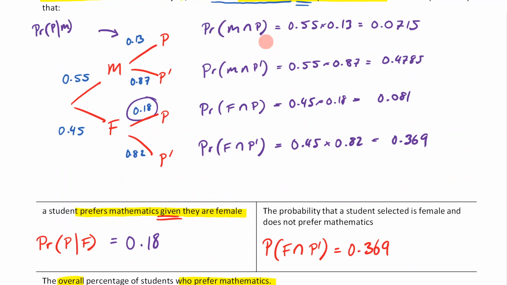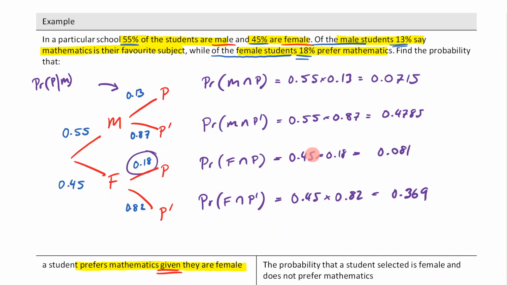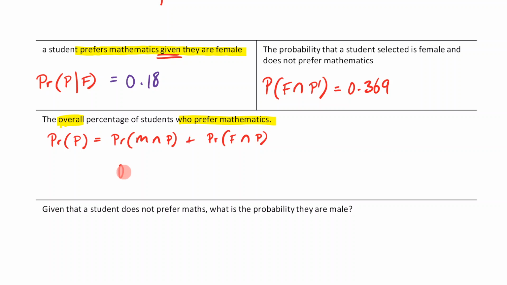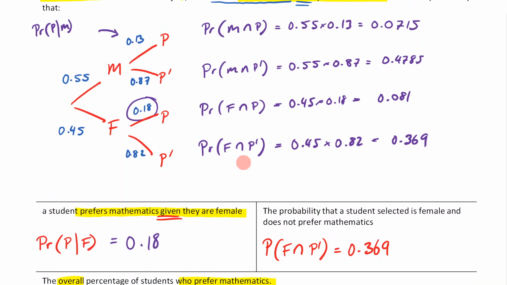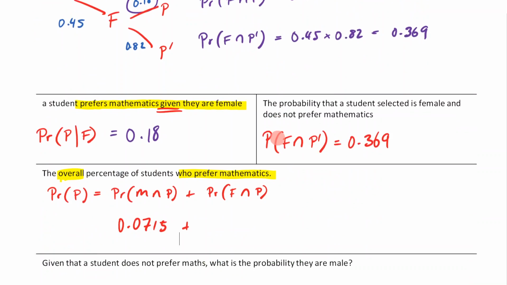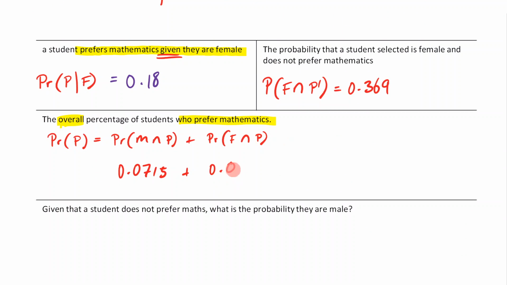M intersection of P is 0.0715, plus the probability of F intersect P is 0.081. And when I add those together, I get 0.1525. And that is going to be my answer. So we're using our law of total probability there.